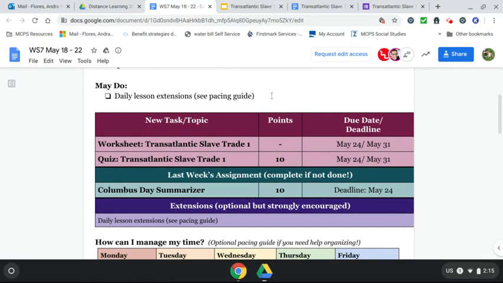Also, instead of having separate extensions this week, they have been put directly into our lessons. At the end of each day, there are some optional extensions that tie into the learning from that day that you can choose to look at if you want to learn more about the topic.